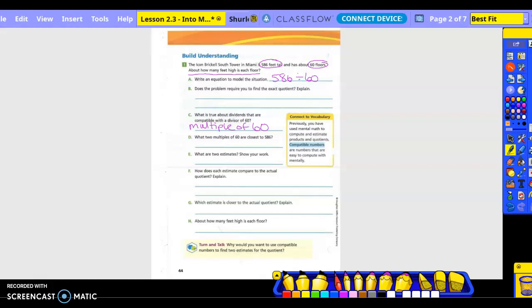Basically, we're going to look at the tens. What's a multiple of 6 that gets us close to 58 without going over? I said a multiple, you're telling me a factor. 54. Okay, so 540. And then what's a multiple of 6 that gets close to 58 and goes just a little bit over? 600.